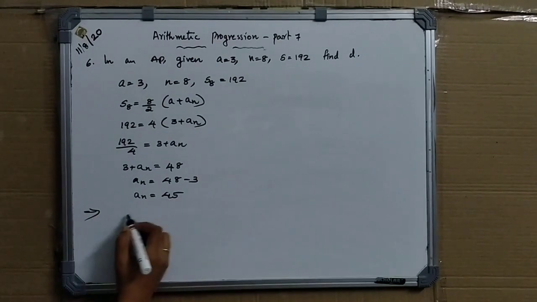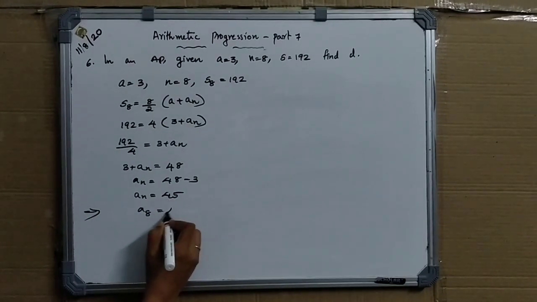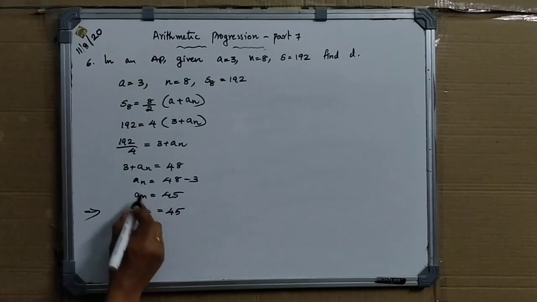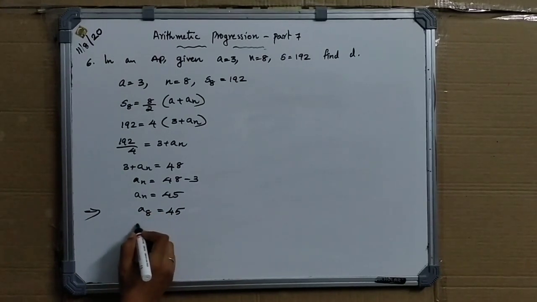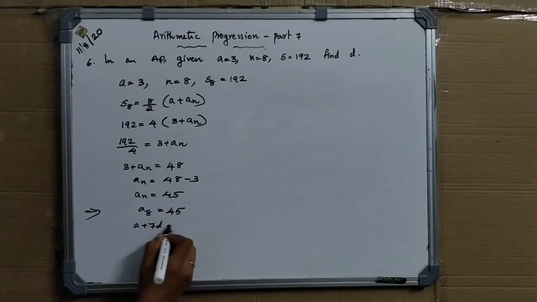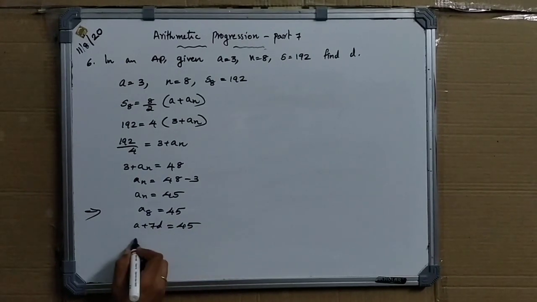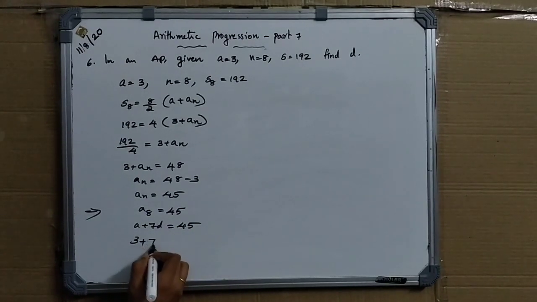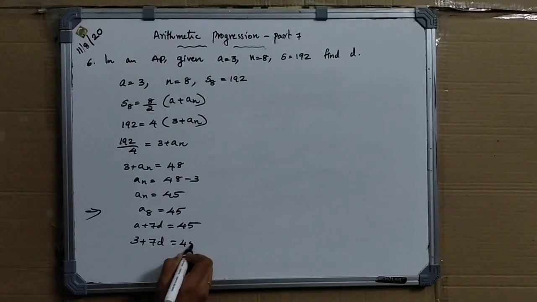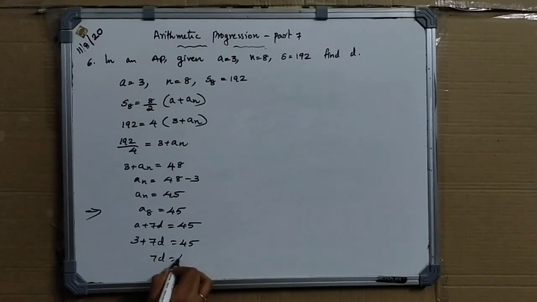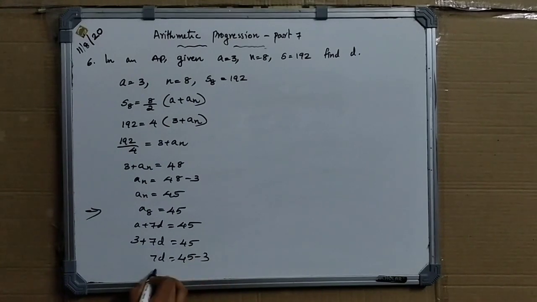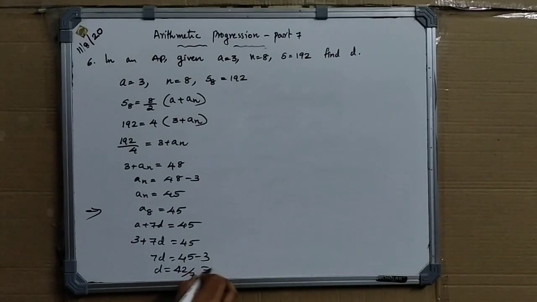That means a8 equal to 45 because n is equal to 8. Okay. So a plus 7d equal to 45. A we got it as 3. 7d equal to 45 minus 3. D equal to 42 divided by 7, that is 6.